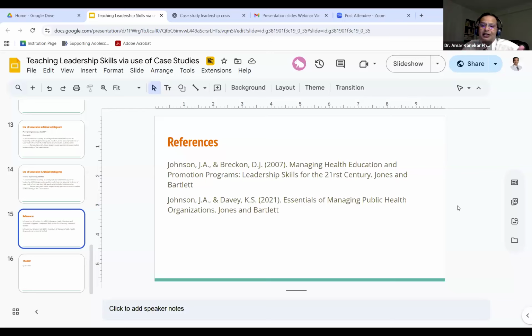So these kinds of courses or case studies prepare them in how they would function when they're working in an internship setting, or when they actually go out in a job. And a lot of students work as a health administrator or in a health organization, any kind of organization.